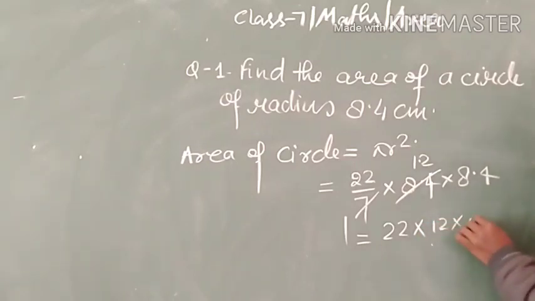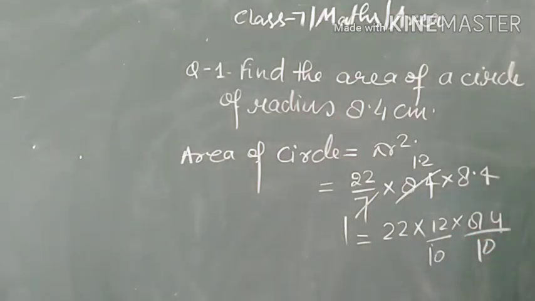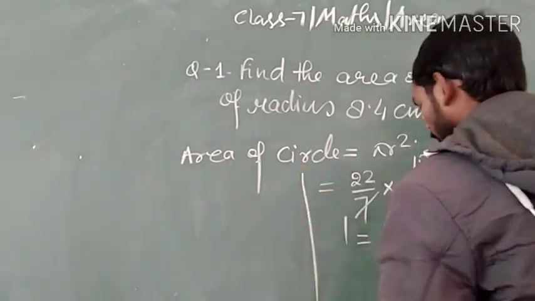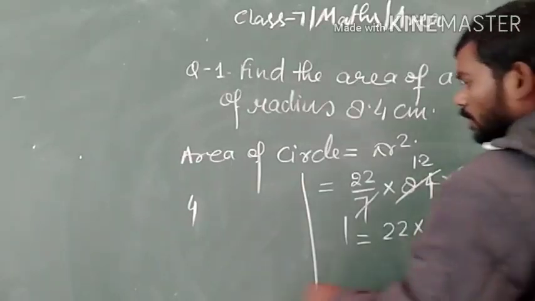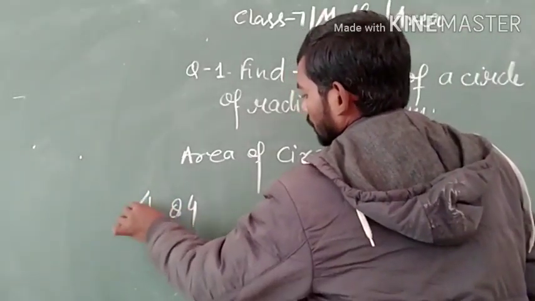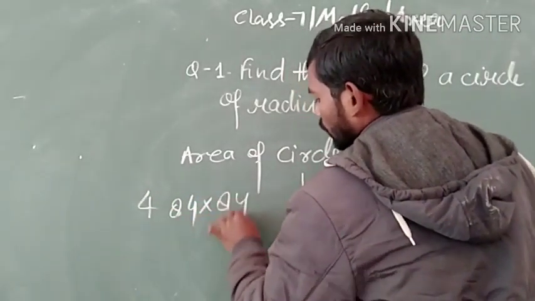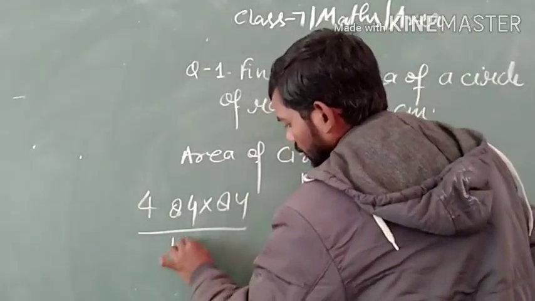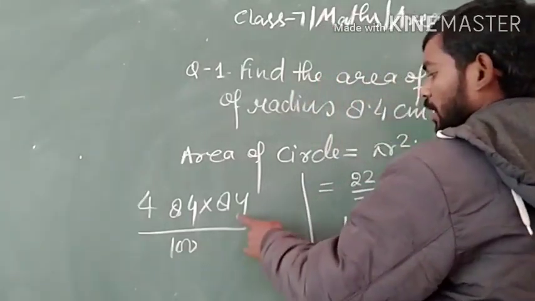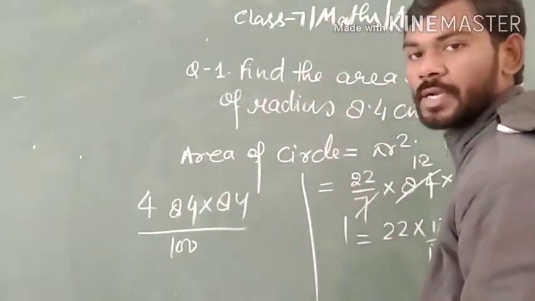Okay, and now let's solve this. So here when we solve, we get 12 2 ja 44, and 44 multiplied by 84 upon 10 10 ja 100. Okay, now just multiply 84 into 484.